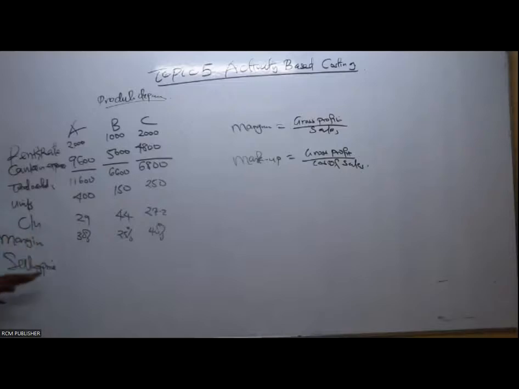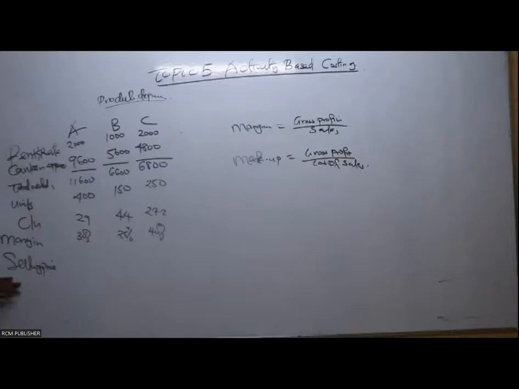Margin is gross profit over sales. Then markup is gross profit over cost of sales. So what will be the selling price?